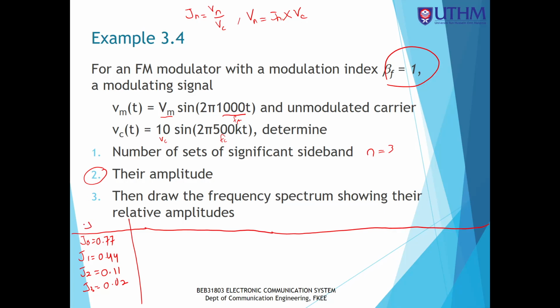For example, here is Jn, here is the amplitude in volt, and then we can find the lower sideband frequency in kilohertz, and here the upper sideband in kilohertz as well.